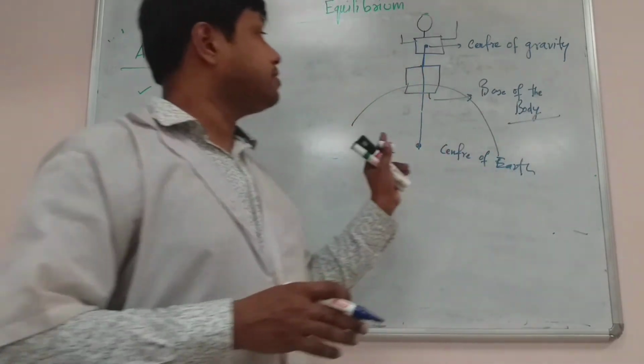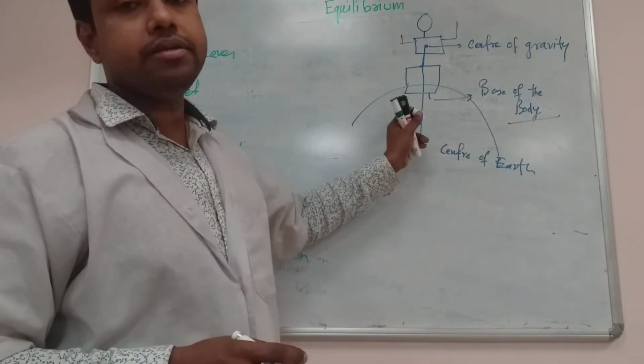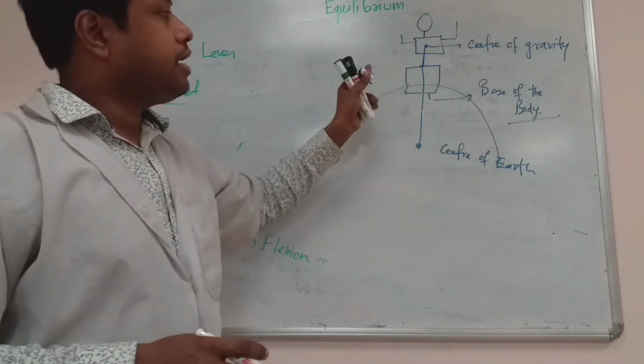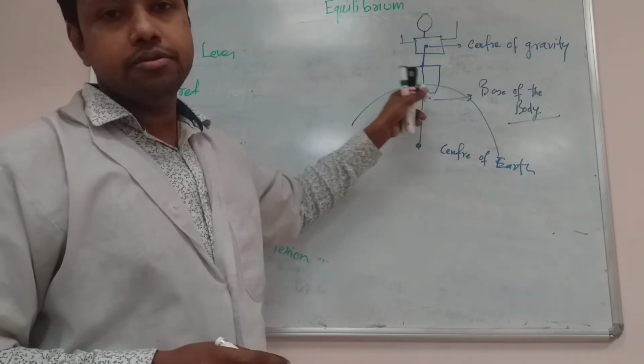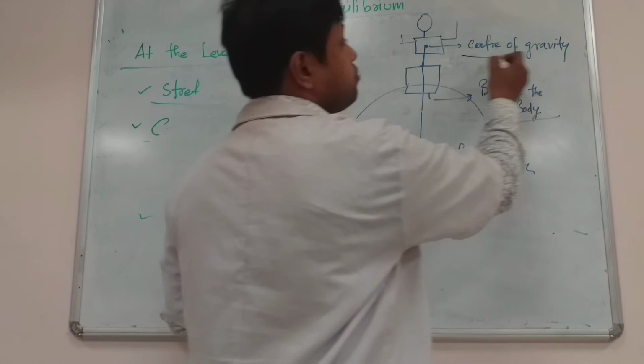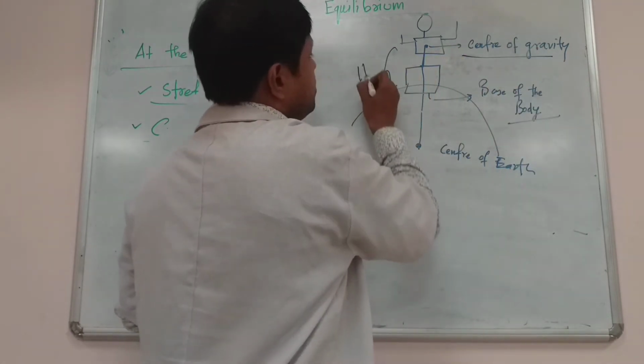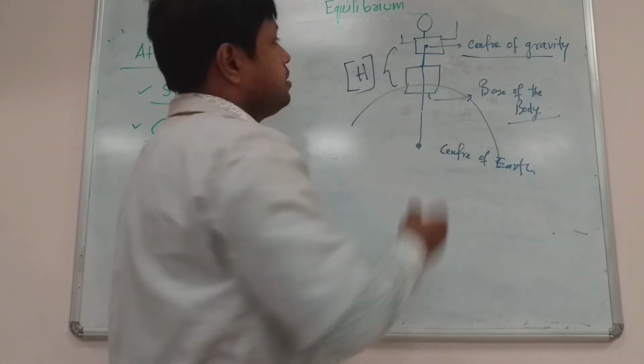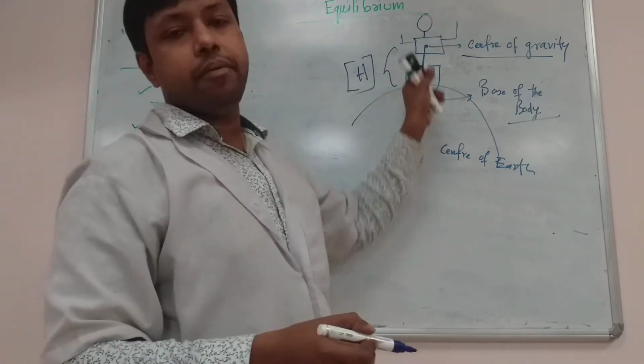But human beings are tall objects, and the base is very small. For them, the center of gravity also lies at a particular height, above the base.